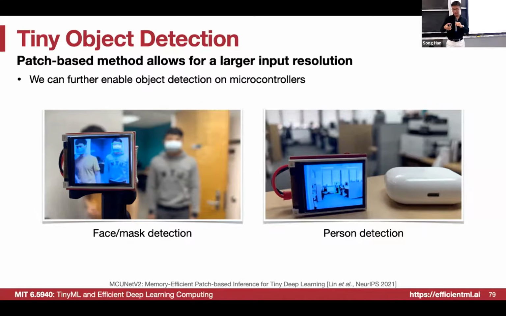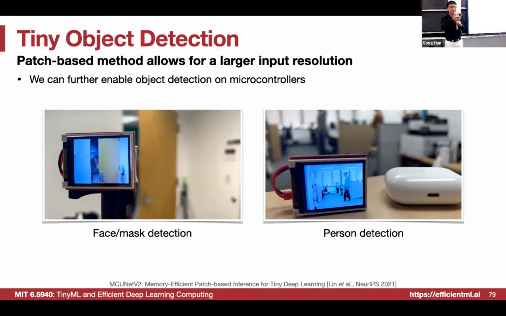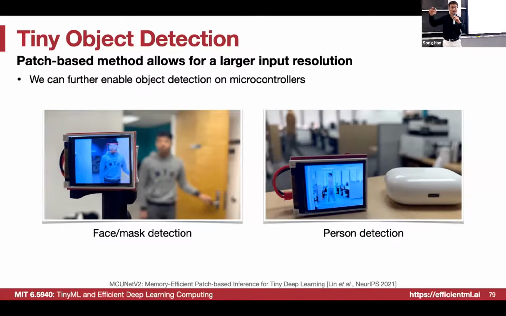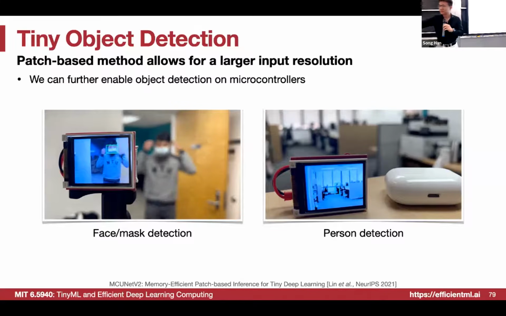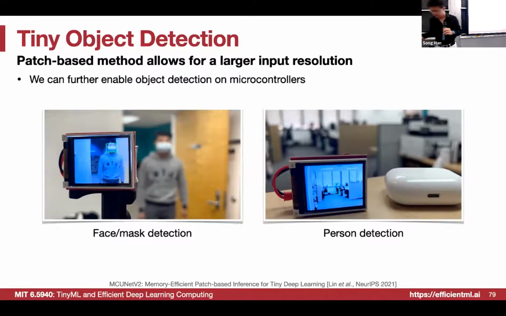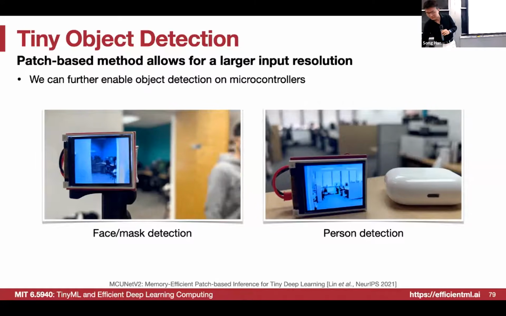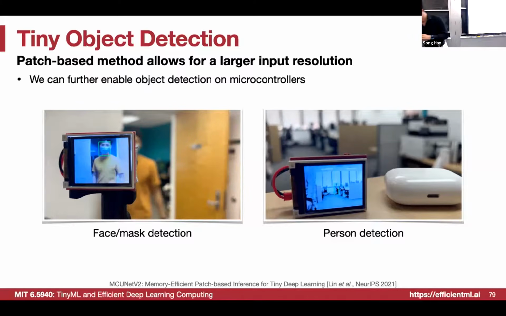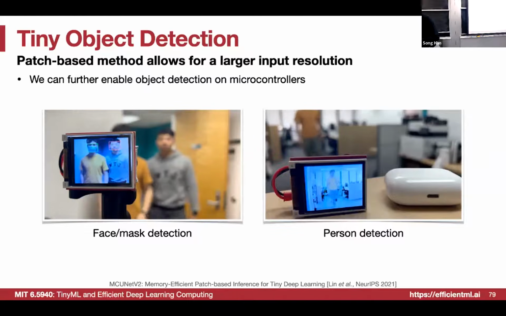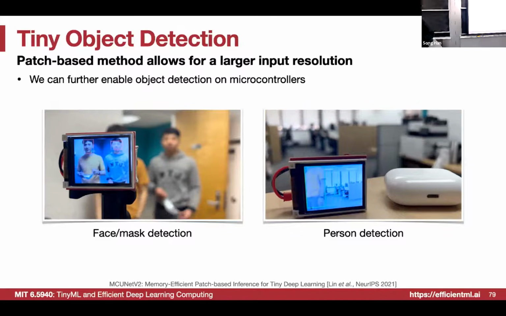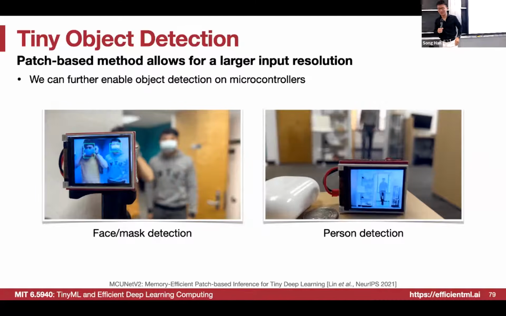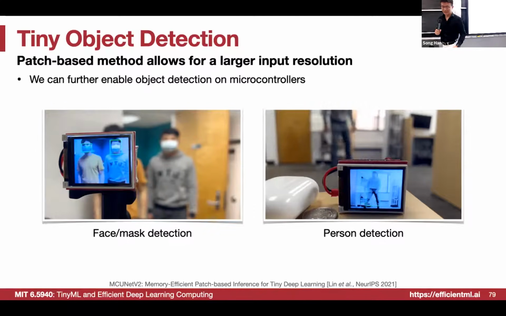And here is the face and mask detection. Also follow this direction, and I'll pass it around. I have some masks. It changes color when it detects someone wearing a mask versus not wearing a mask.